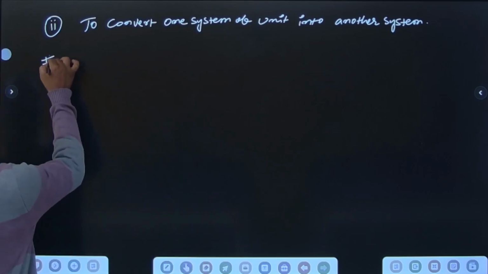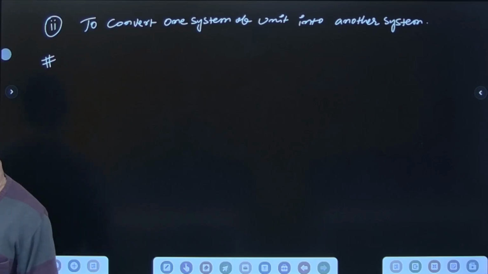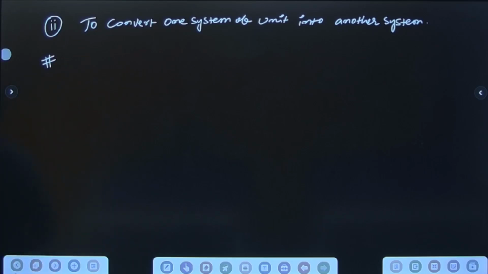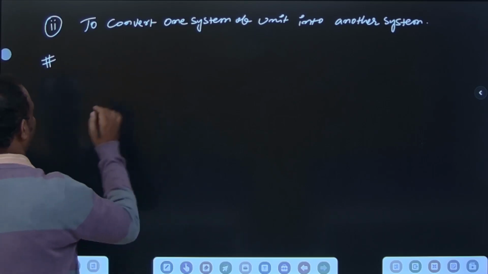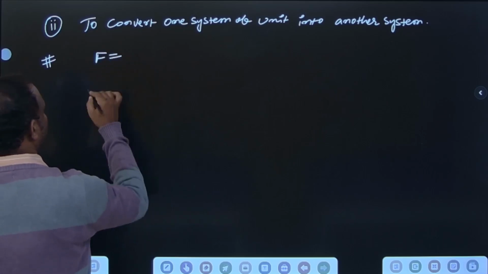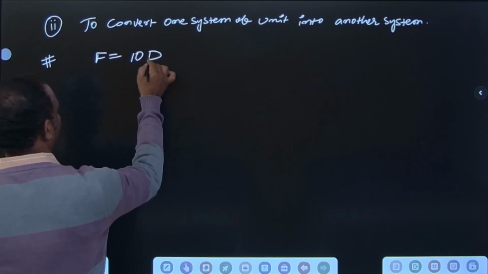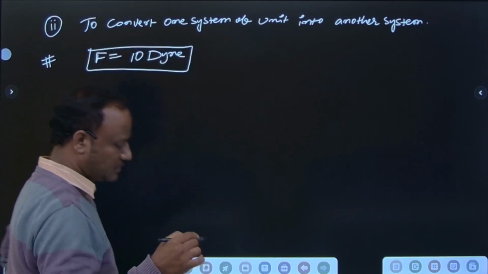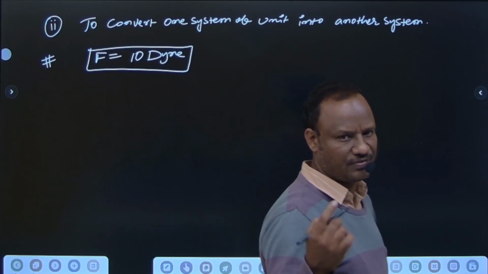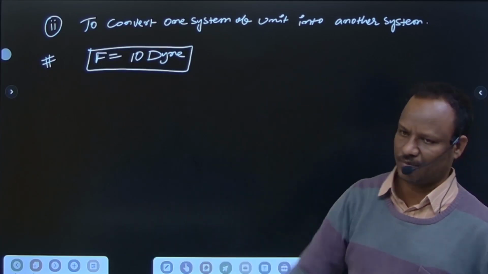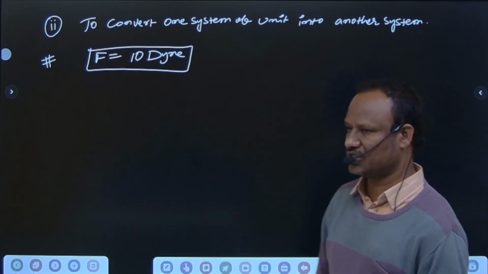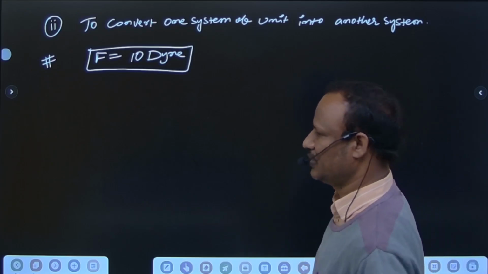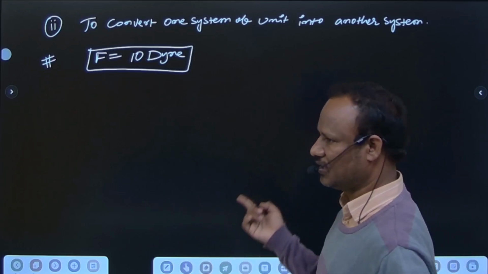For example, if I talk about the force or the Young's modulus, some value is given. The best example is force. Force F is equal to 10 dyne. It's a force, right? So he may ask us to convert the 10 dyne into MKS. Otherwise, from the old system, some different values will be mentioned, and you need to convert into the new system.